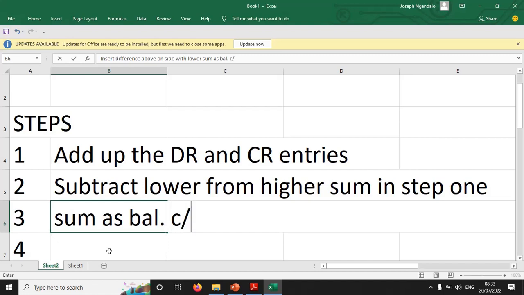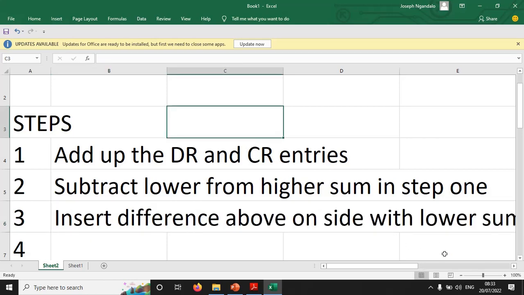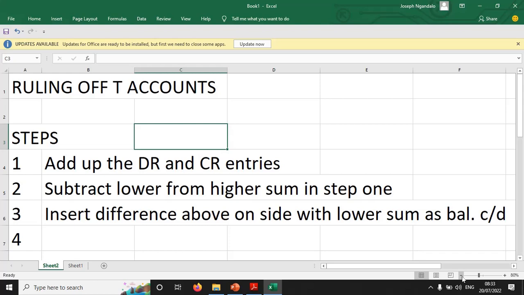Carry down. Okay, let me just try to do this. I'll try to reduce a bit here so that you can see everything. The difference goes above on the side with the lower sum as balance carry down. Now, we're also going to be using carry forward for carry down.